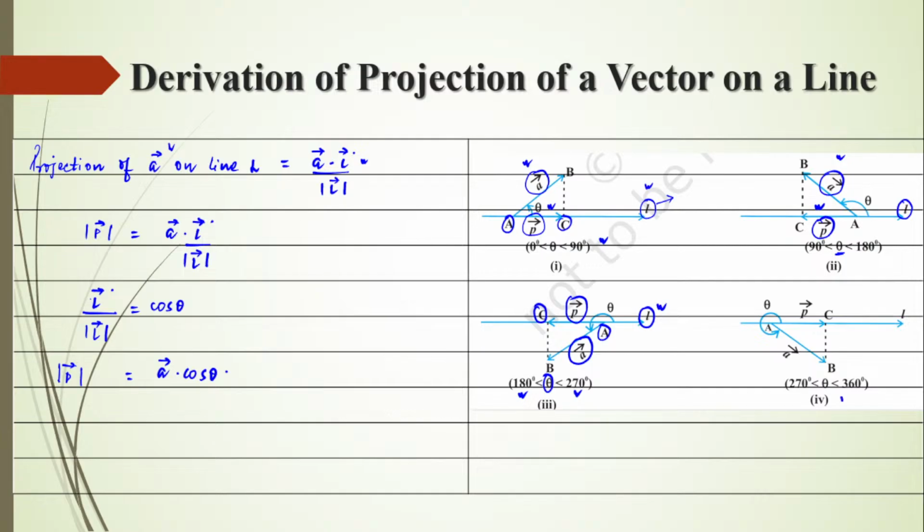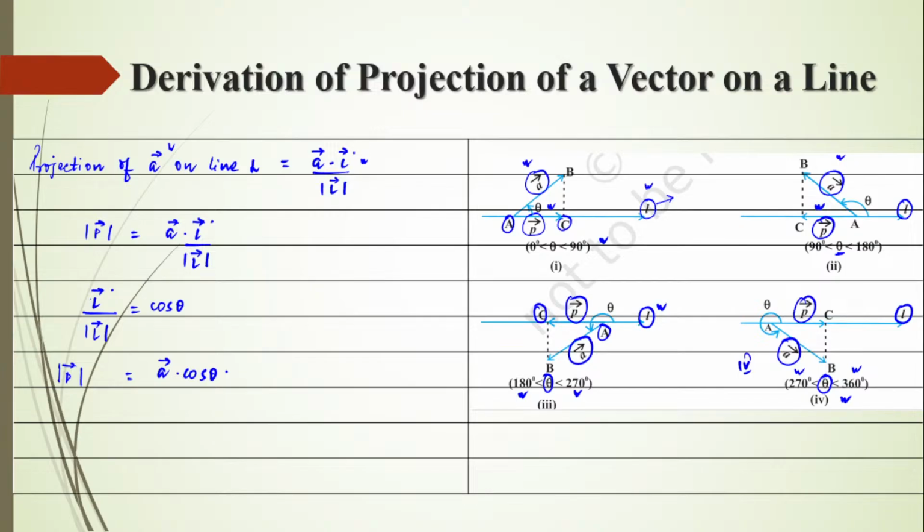In the fourth figure, when theta is greater than 270 degrees but less than 360 degrees, vector A lies in the fourth quadrant, and the direction of the projection AC is along the direction of the directed line.